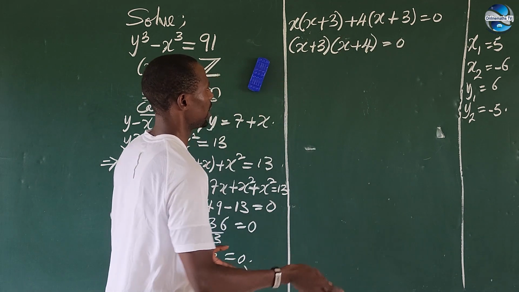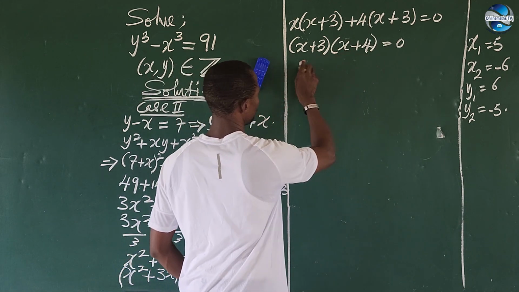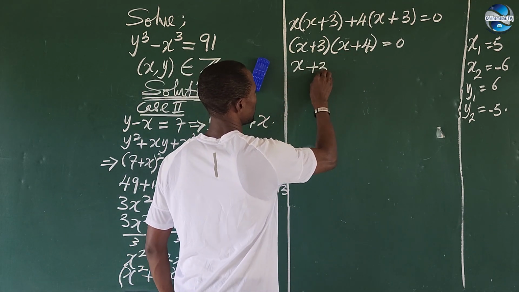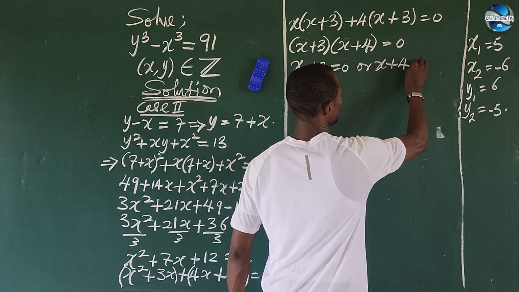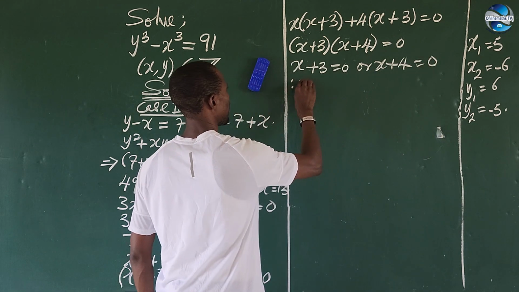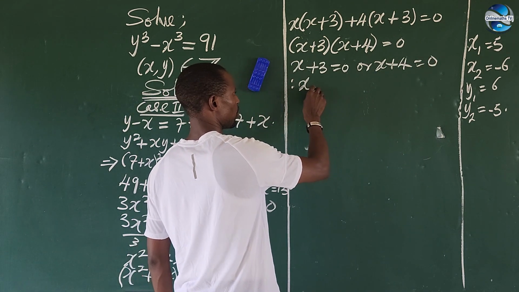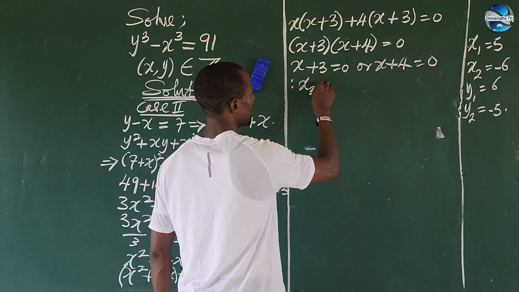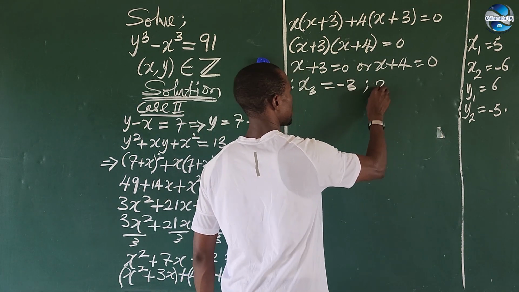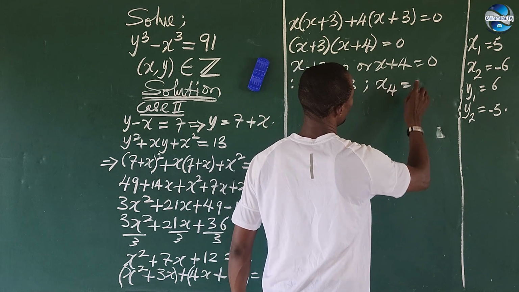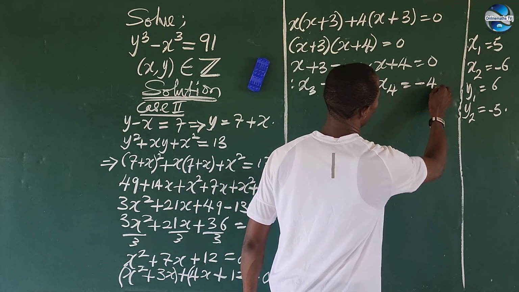Applying the zero product rule again, we equate this to 0, equate this to 0. So we have x plus 3 equal to 0, or x plus 4 equal to 0. Therefore, x3 will now be equal to minus 3, and x4 is equal to minus 4.